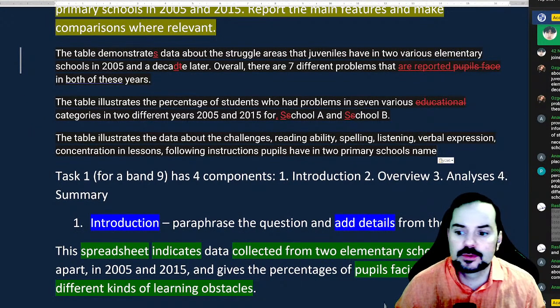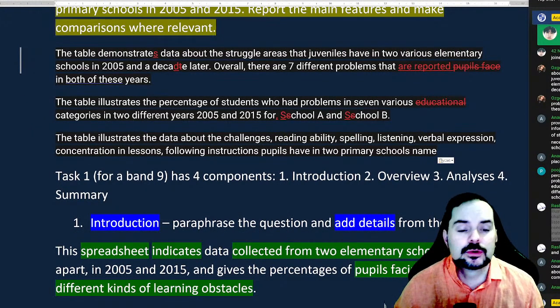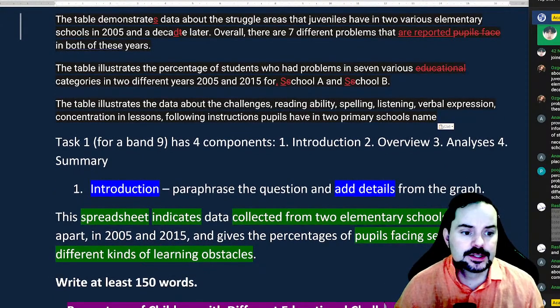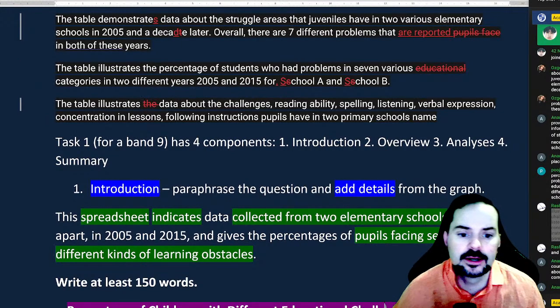This is Rashika. So Rashika writes, the table illustrates data. You don't have to say the data, just data.